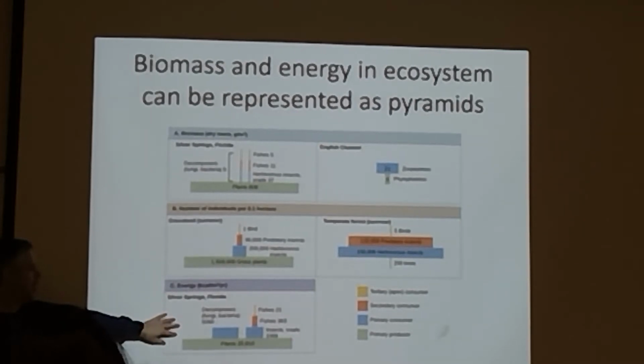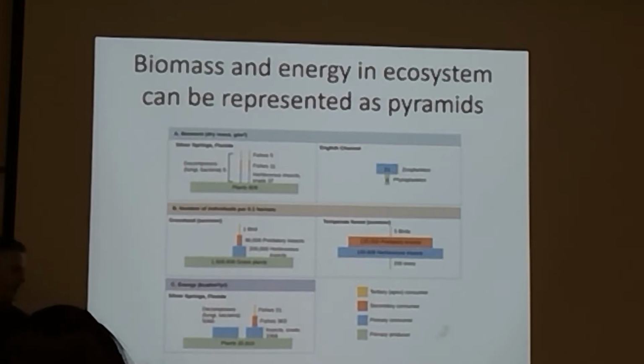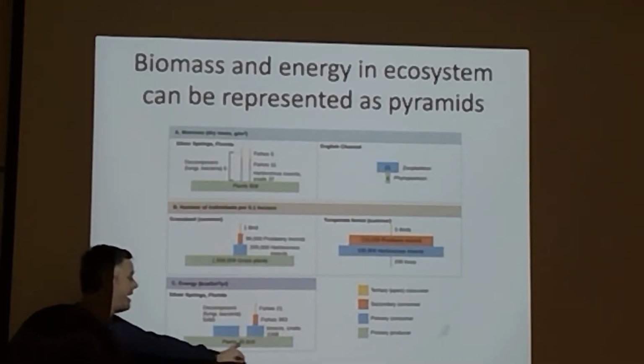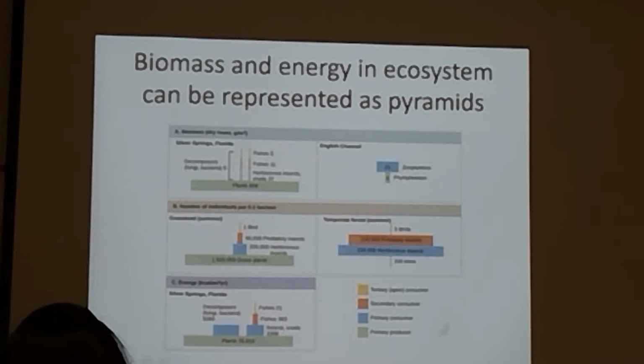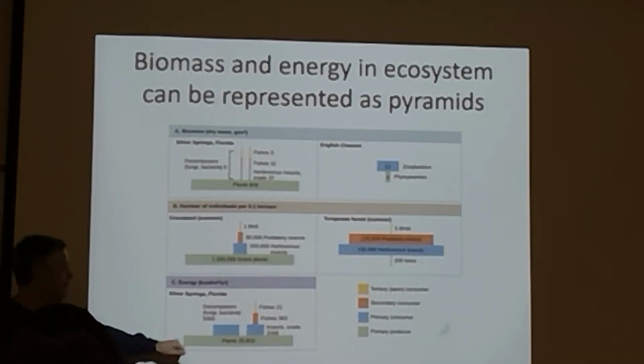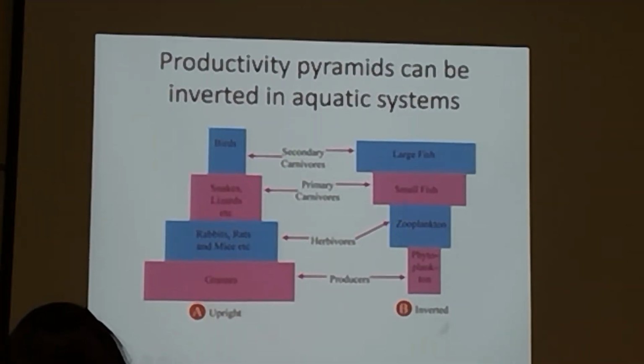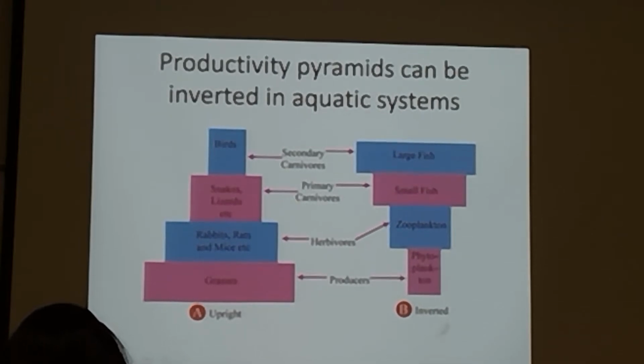So our representation here is showing not just that plants have 20,810 kilocalories per square meter, but that's basically what's going to get renewed every year in that system. So that's fundamentally a rate of production. And it's important because as you get into pyramids, you can see weird things happening.